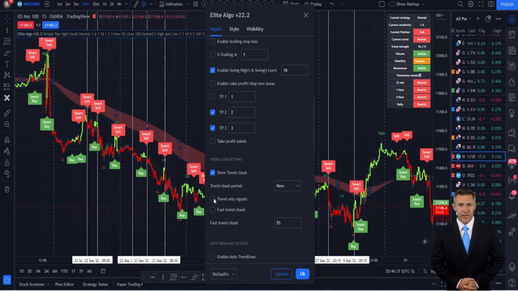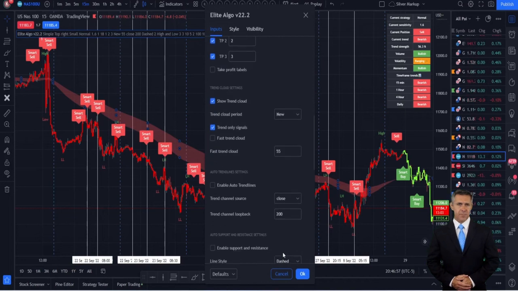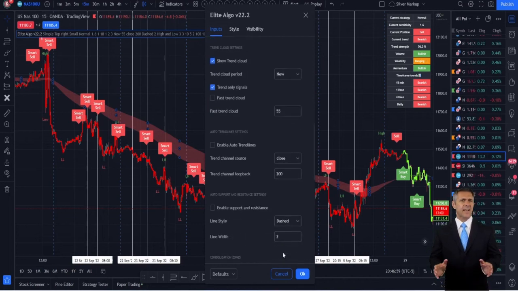But here is something I always have on: trend-only signals, because I only trade the trend. I'm not really concerned with counter trend trades. Me personally, I do quite fine with just looking for the trend and not trying to time the markets for reversals, even though doing a reversal every now and then can be fun. It's also very risky. It's more of an adrenaline pump from guessing the right area.